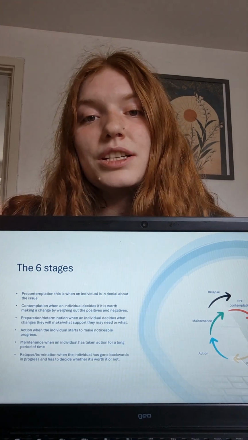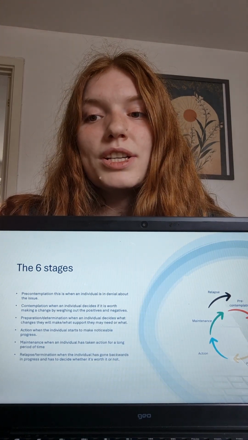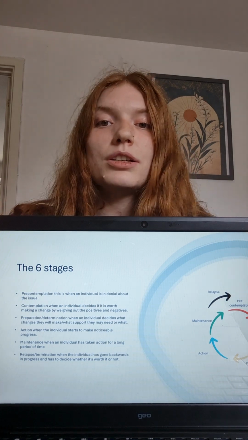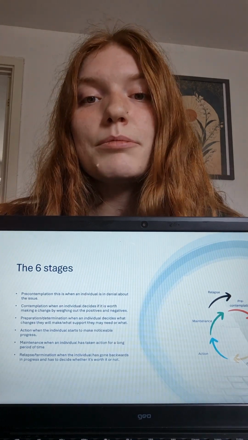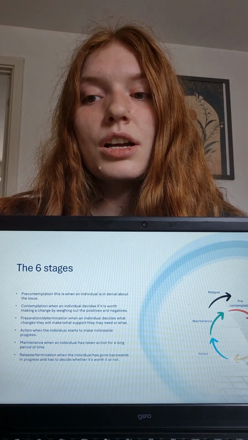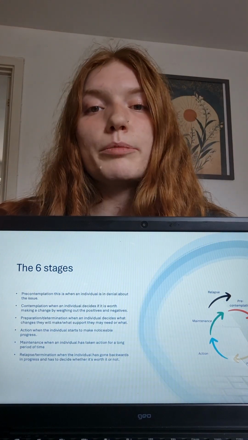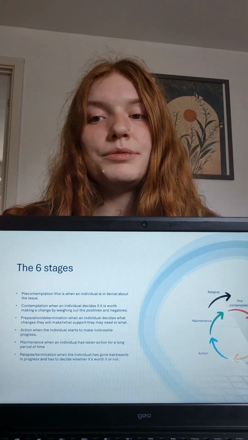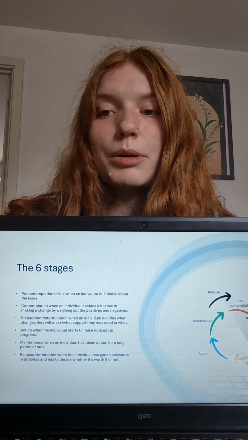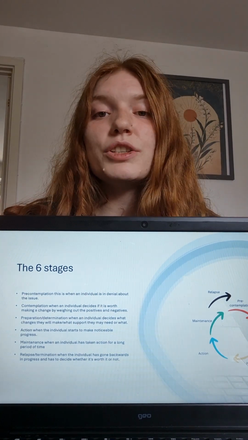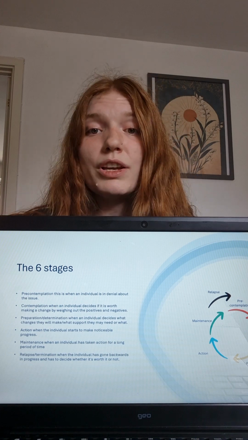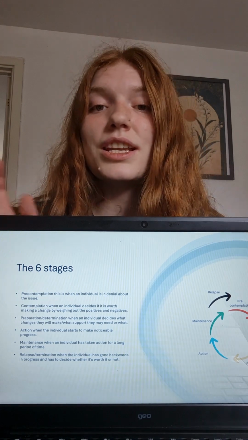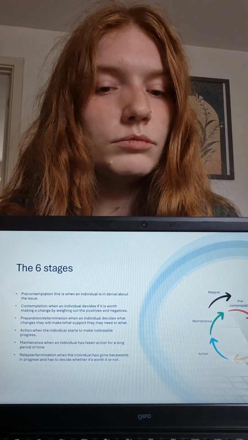This is when an individual has been progressing over time, has taken action for a long period of time and has seen growth. Relapse and termination. This is when an individual has gone backwards within their progress and has to decide whether it is worth it or not. This is in a continued loop.